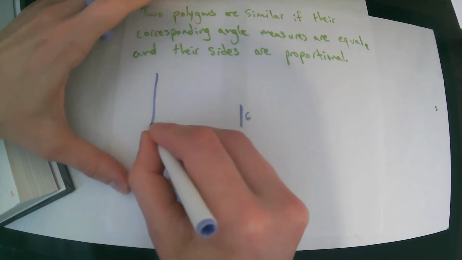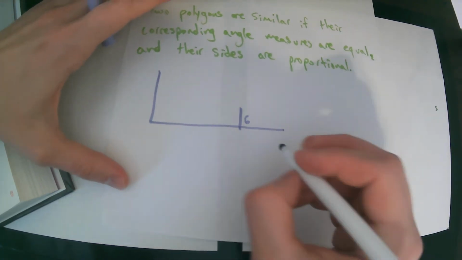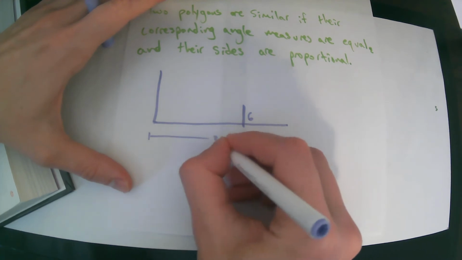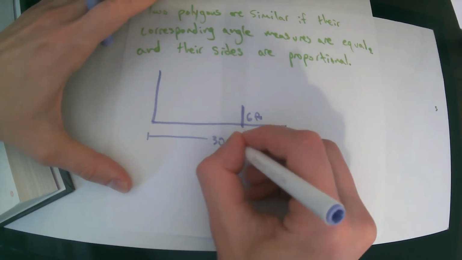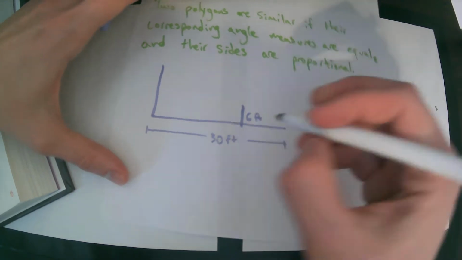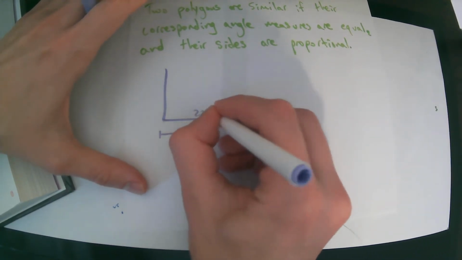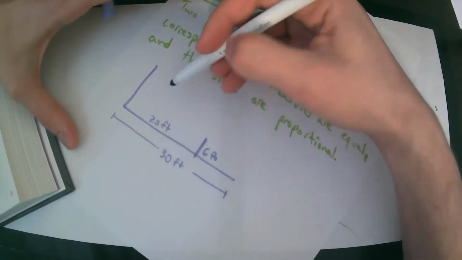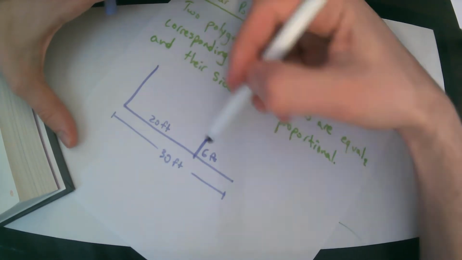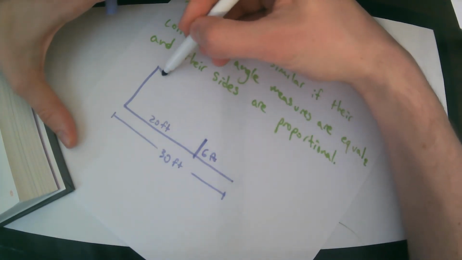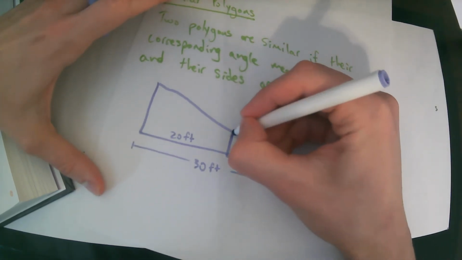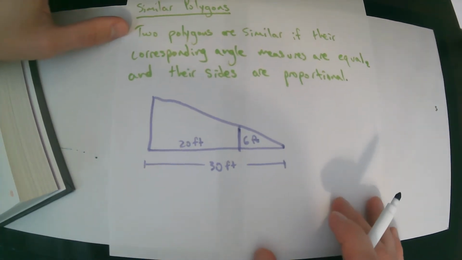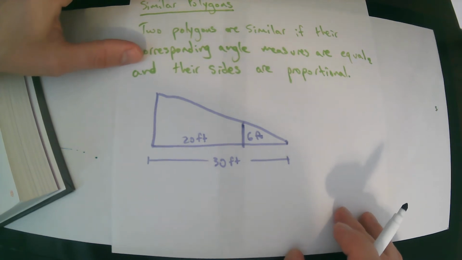So we have this being 30 feet. And he's standing 20 feet from the base of the tree. And what do we want to know? We want to know the height of the tree.